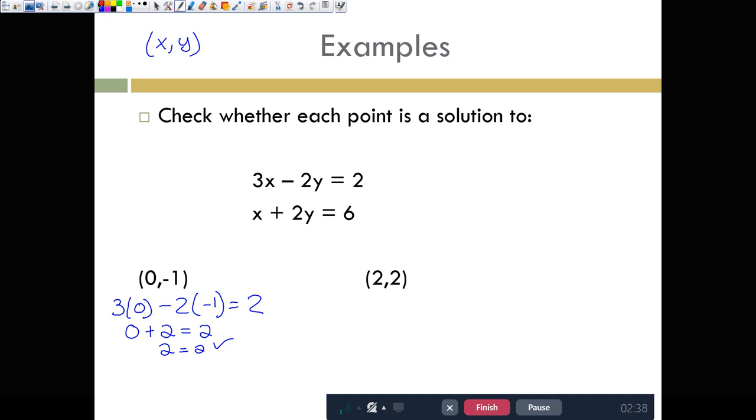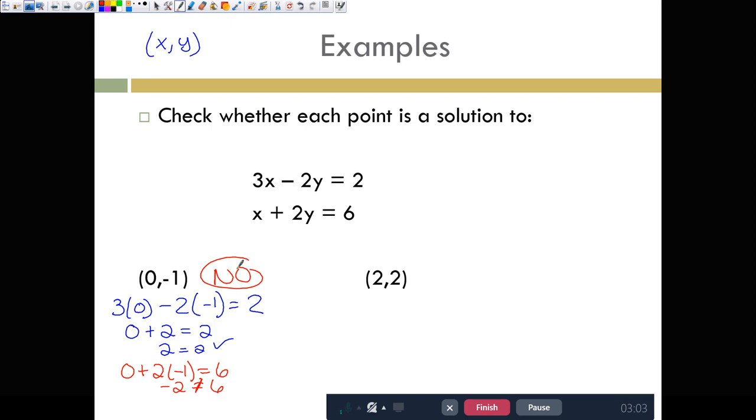So I'm going to do 0 for x plus 2 times negative 1 equals 6. So that's going to be 2 times negative 1, which is negative 2 equals 6. Does negative 2 equal 6? No. That's not a solution. So this ordered pair is not a solution to the system.